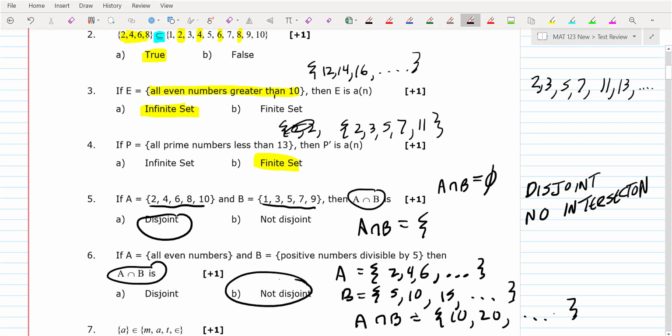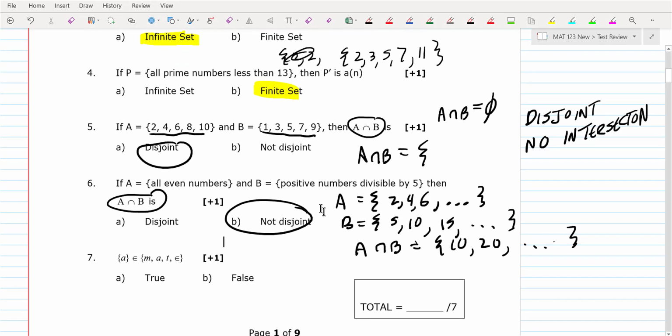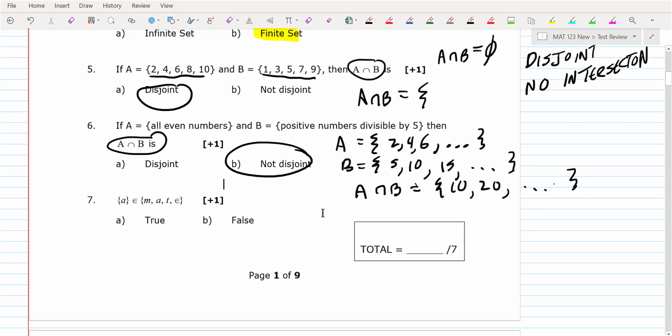So that's not disjoint. That's the idea. Disjoint just means the intersection is empty. So some of this stuff is just testing your vocabulary a little bit. Okay, this one you've got to be careful about. Again, what's that funky E mean? Element. Now this one you've got to be careful about.